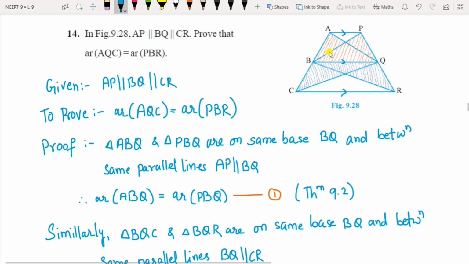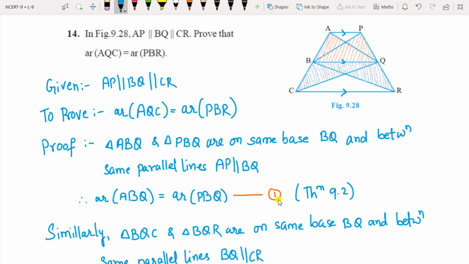So ABQ and PQB, consider these two triangles here. So area of triangle AQB will be equal to area of triangle PBQ, since they lie on the same base BQ and between the same parallel lines AP and BQ, and that will be equation number 1.